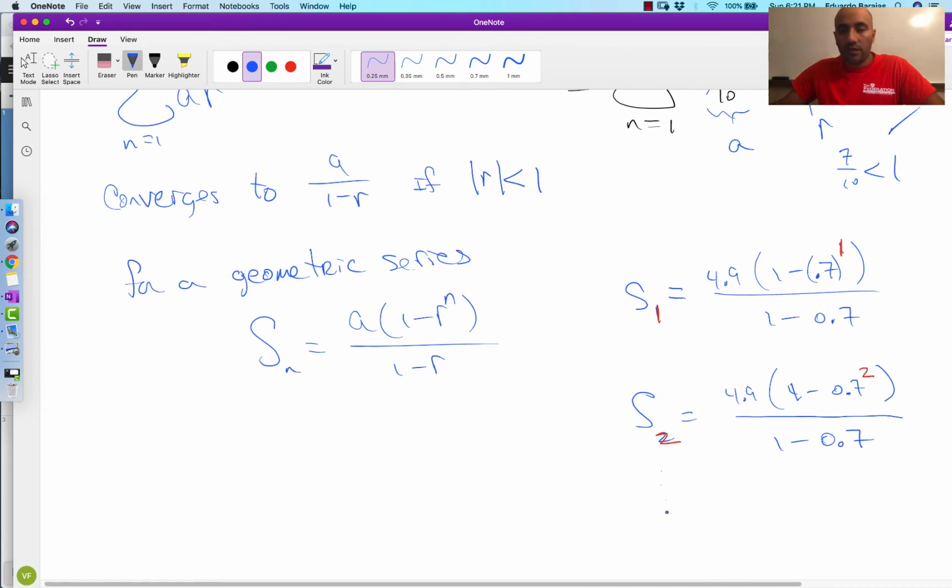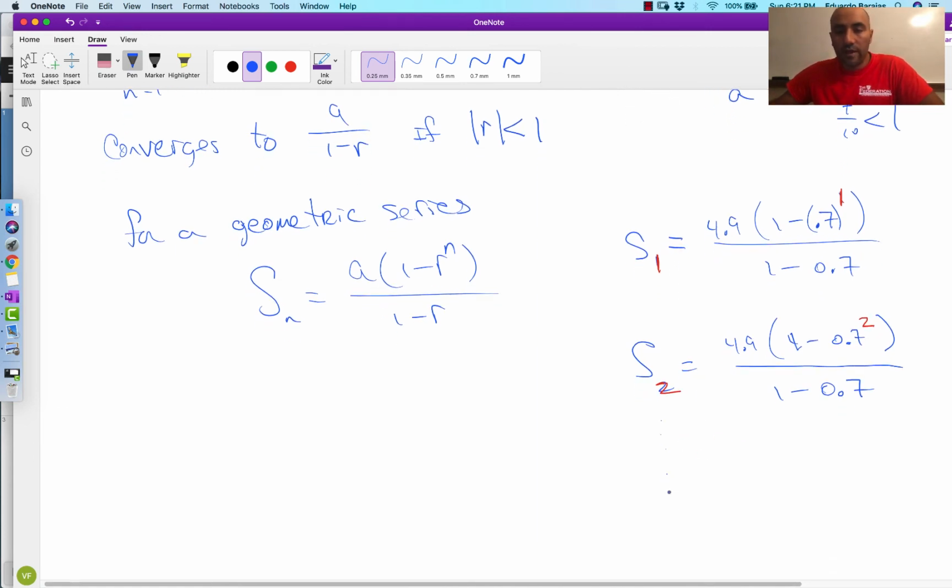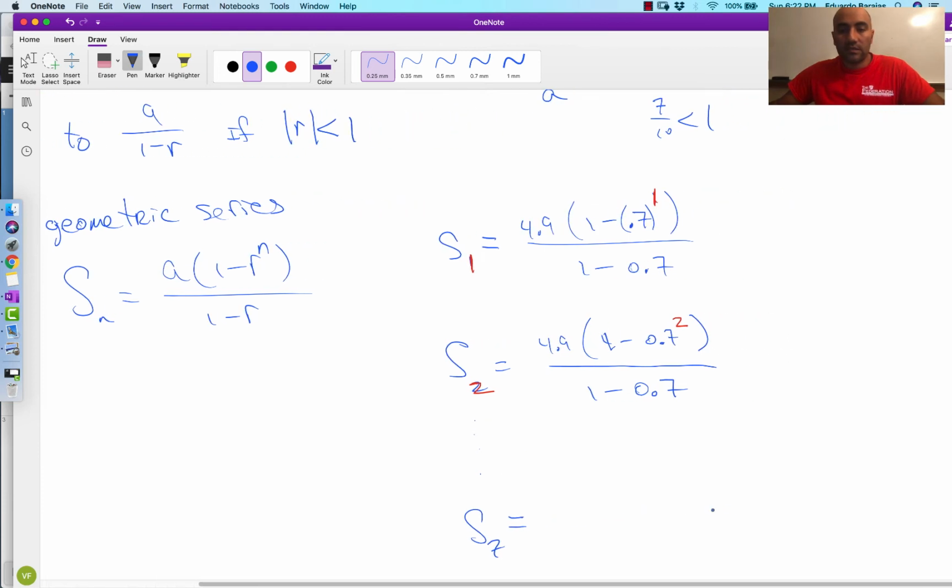Okay, and that's how I find the first partial sums. If I wanted to find, let's just randomly jump to, say, s sub 7, the sum of the first 7 numbers in this series, that's going to be 4.9 times 1 minus 0.7 to the power of 7.